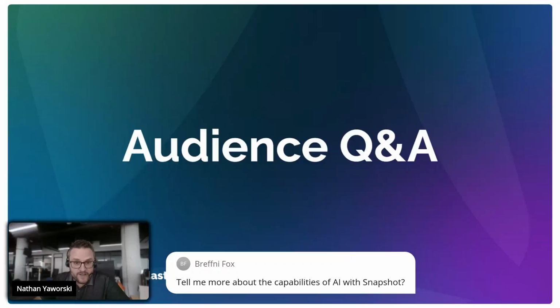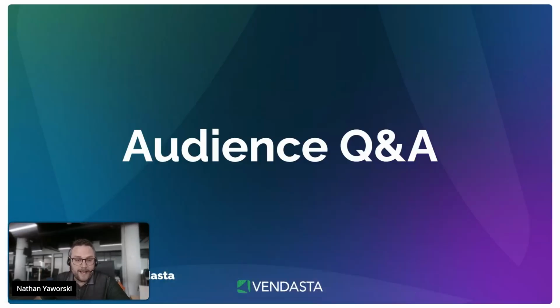More about the capabilities of the AI with Snapshot. Great question. So with that capability built in, what will happen is when you run a snapshot report, it will show up in the report itself. So just like it shows up on your website with that little box and it says, "Hi, how can I help you today?" We respond immediately. That same box will also appear in your snapshot reports in the bottom right corner, or however you customized it, if you want it in the left corner.